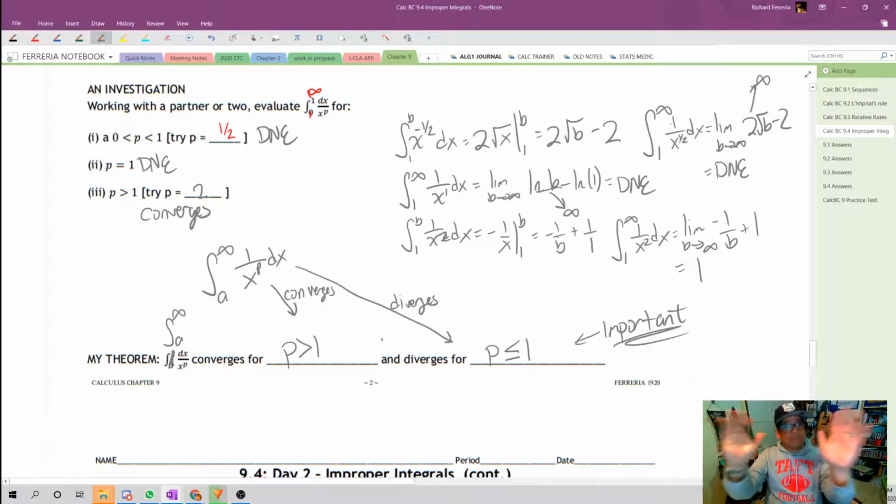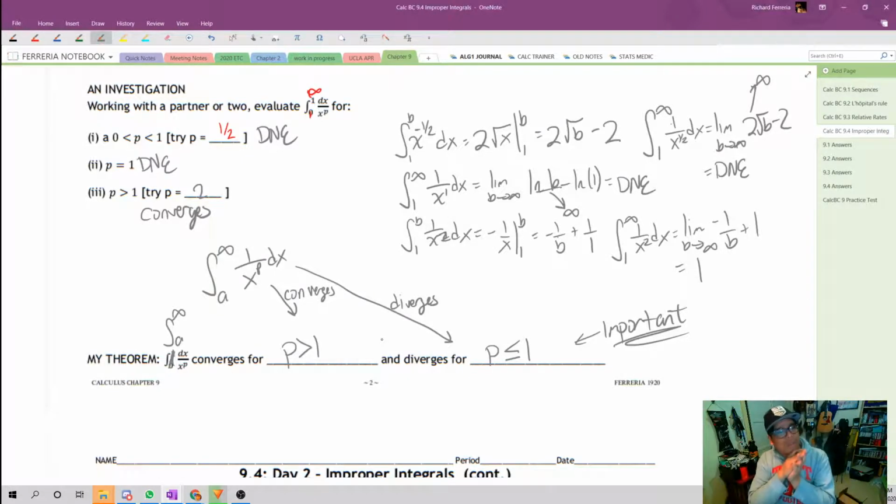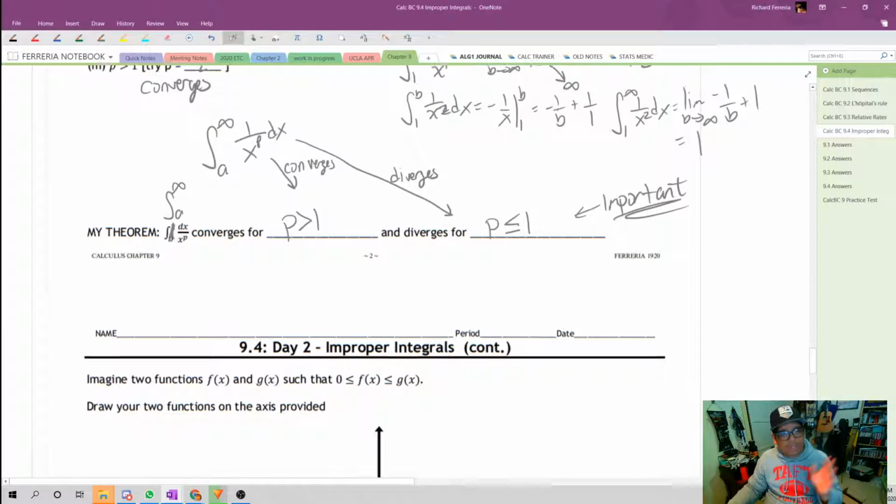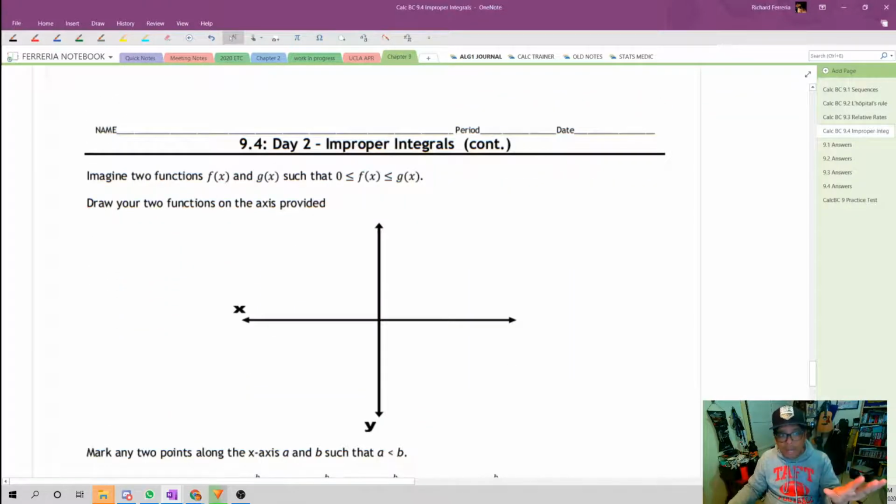Now, there's basically 3 things here that we need to talk about in this section. We've gone over the first 2, and then this is going to be our third one. So we've got to switch gears yet again. We're supposed to draw 2 functions, and we want to make sure that f is always bigger than g.